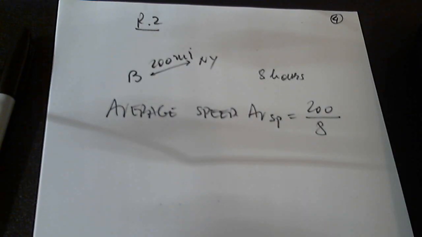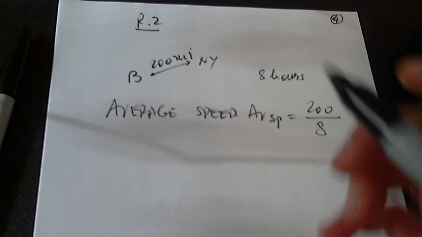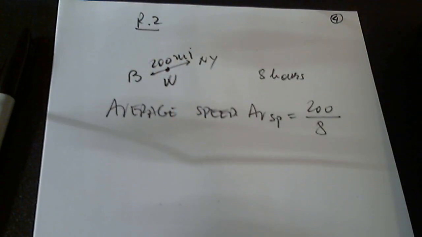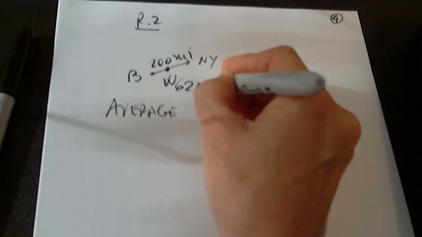That's my average speed. Let's say at some point in time I passed through Wilmington, Delaware. And at that moment, my phone rings and you ask me, what is your speed right this second? And I will look at the odometer and I will say 62 miles an hour.